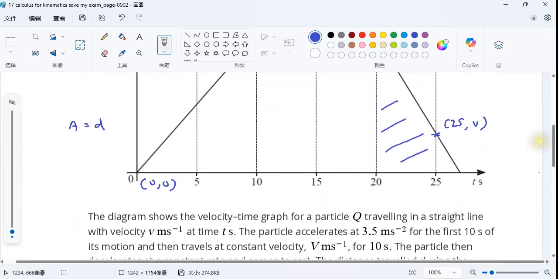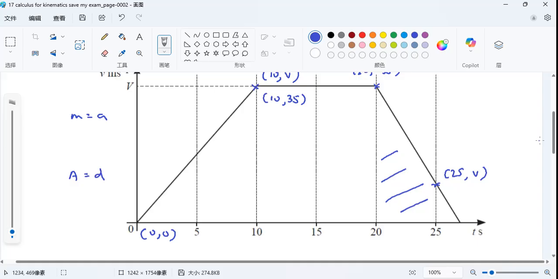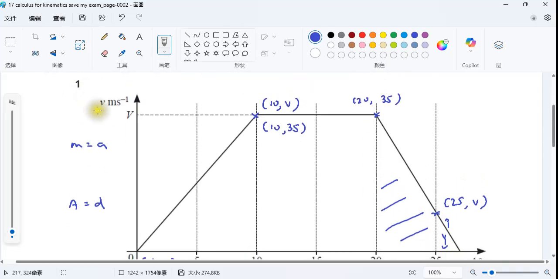Okay. So this is 5, this is v, and then 35 here.